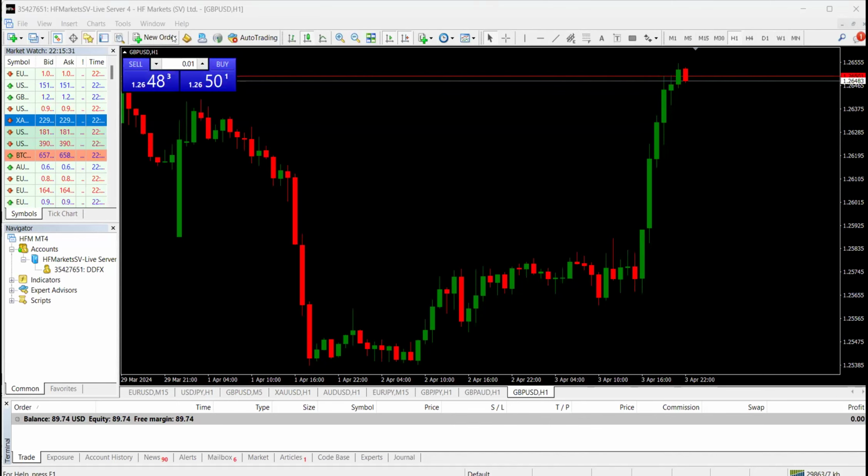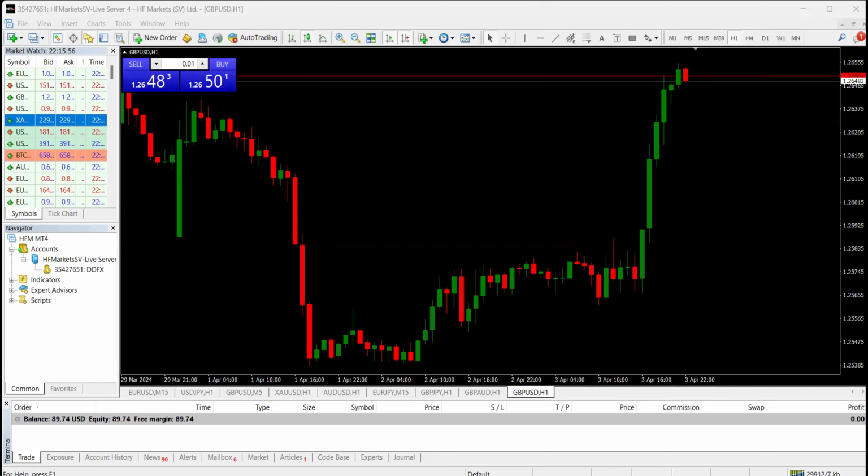On the standard toolbar, one of the tools you will definitely and mostly use is the new order button. Those of you who probably said, oh, I want to buy a robot, I want to buy an expert advisor to trade for me, you will be using auto trading. But when you come to MT5, you will see algo trading. That is the difference between them.